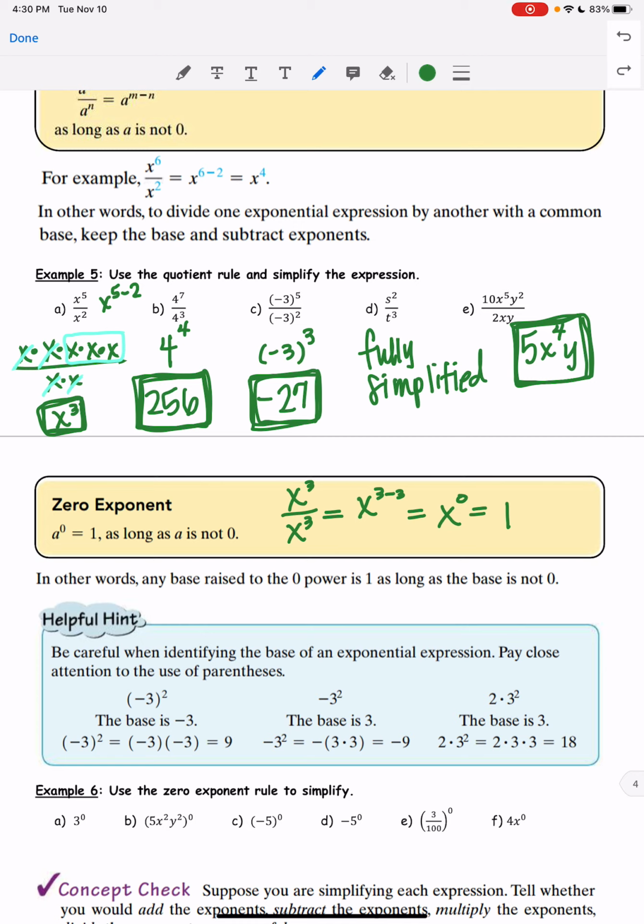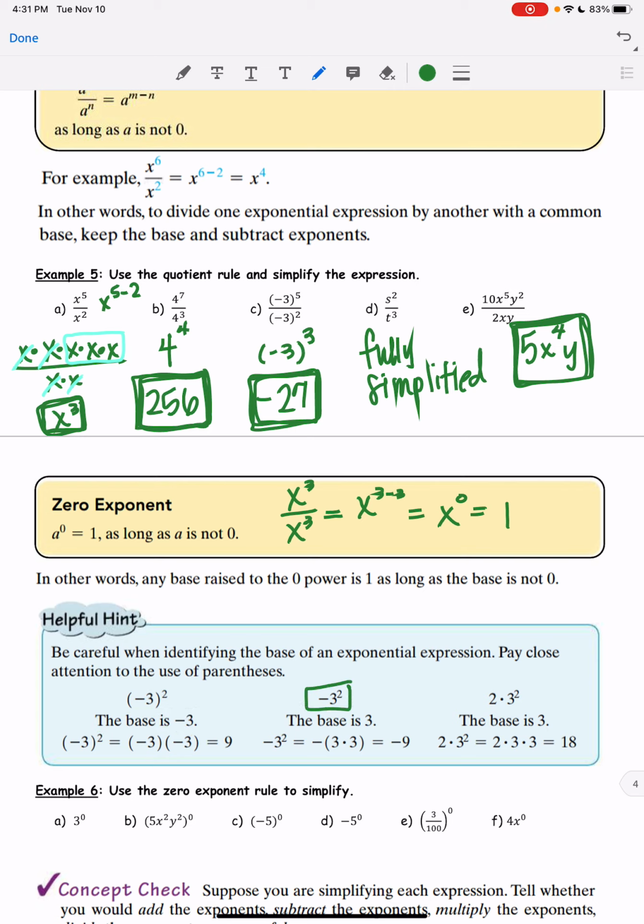Now, these can get a little bit tricky. You've got to figure out what your base is. This one's not as important to us, this little thing here. But notice that here, my base is -3, and the reason that negative is included is because it's in parentheses.